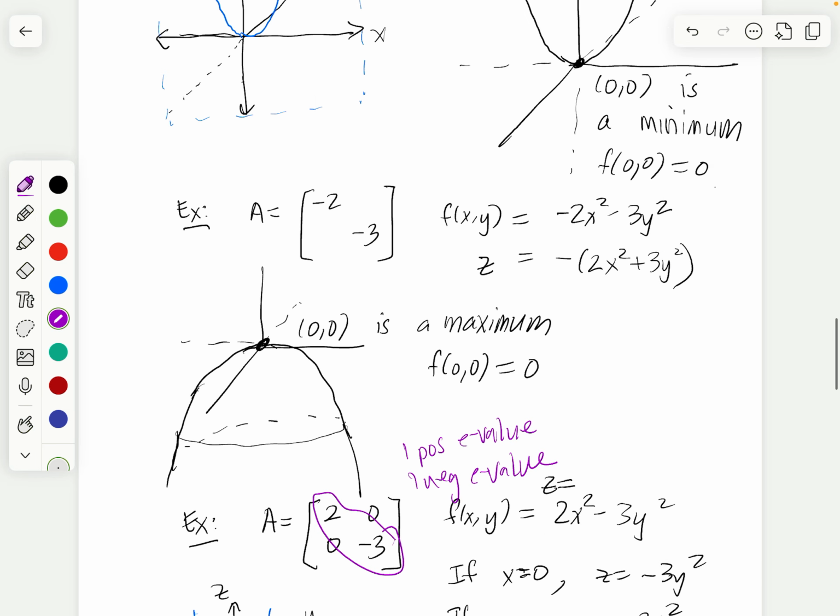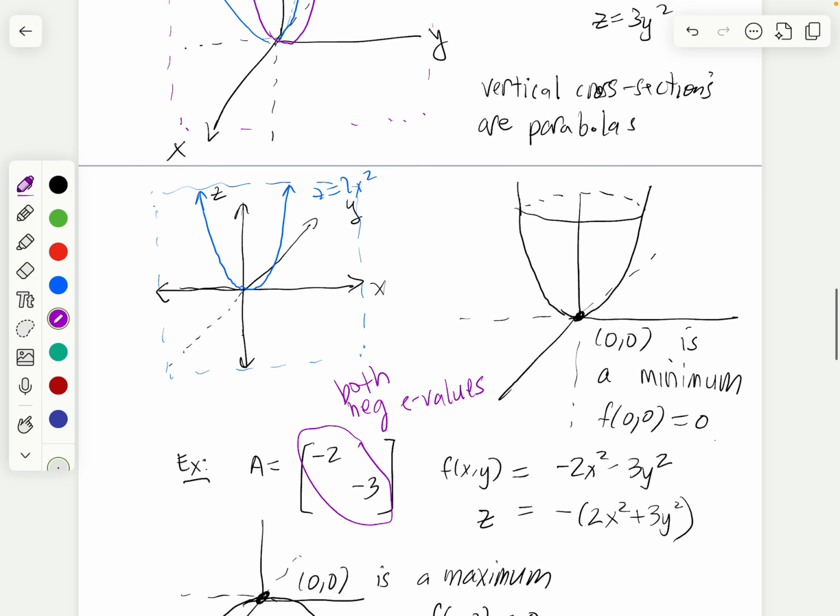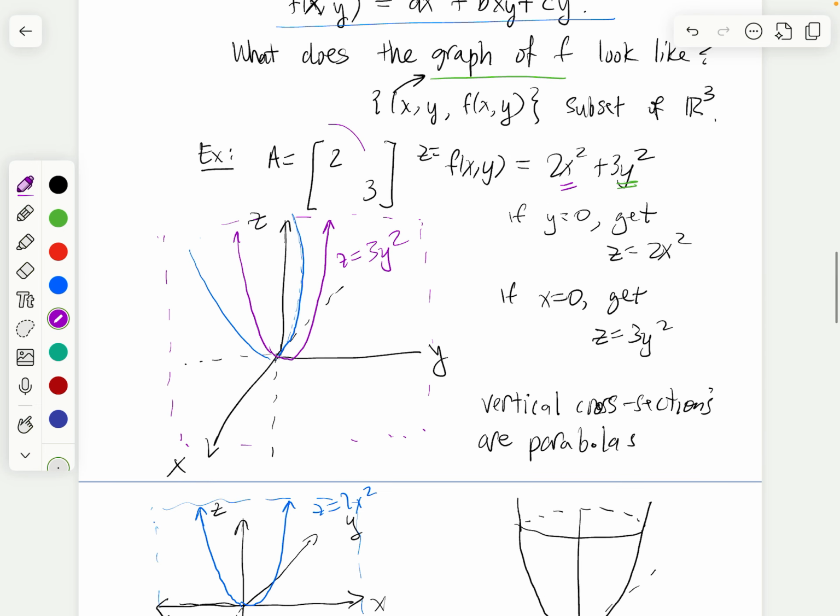For the example where you have a maximum at 0, 0, you have both eigenvalues negative. And then in the first example, in this matrix, both of the eigenvalues are positive.